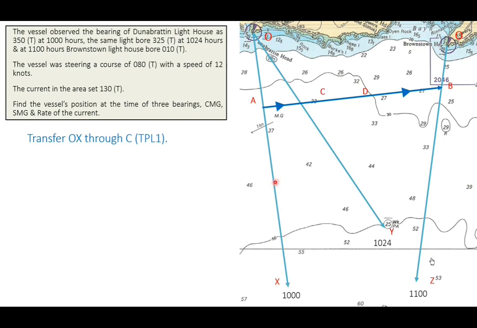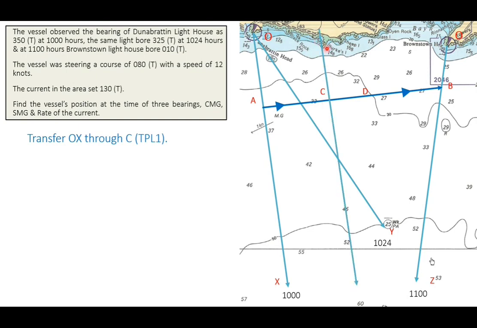I have to draw a line parallel to OX, which should pass through point C. So I will align my parallel ruler, set square or sliding ruler, whatever tool is being used, with the line OX and transfer it to point C to draw a parallel line.